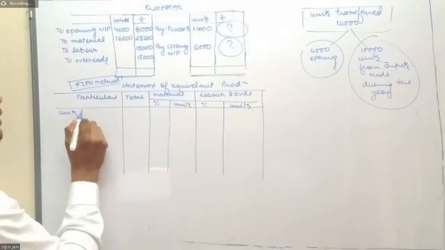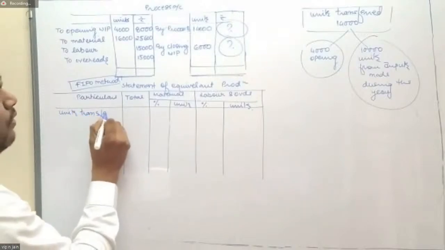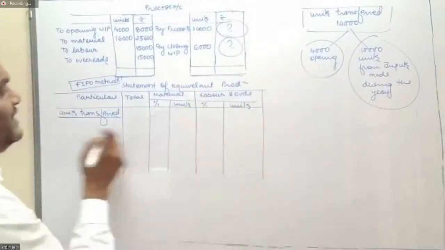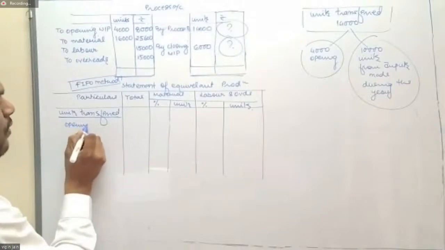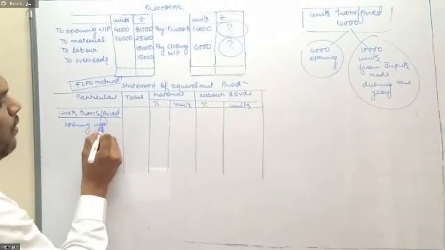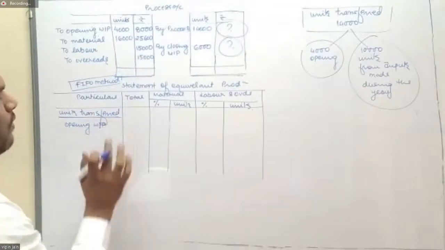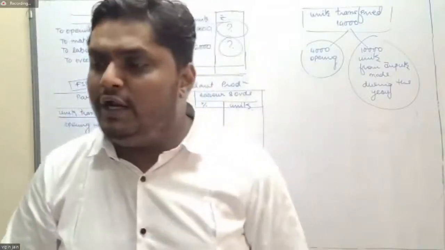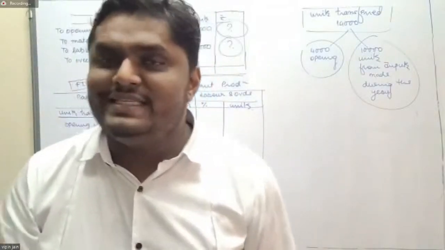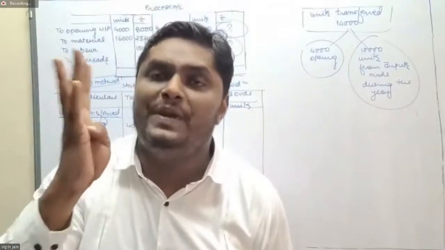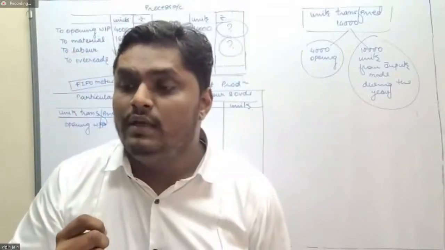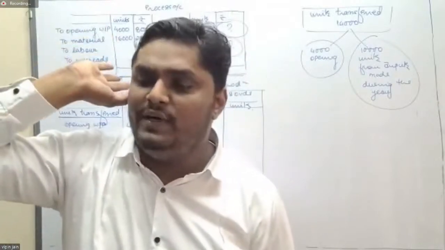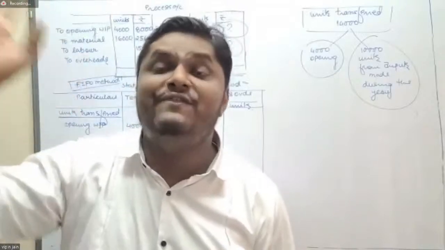Units transferred. 4,000 units from opening work in progress. Now guys, very important point. It is given that we have an opening work in progress of 4,000 units, which are 100% completed last year itself in respect of material, and labor and overheads 25% completed.